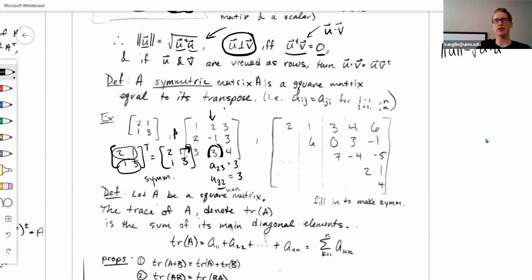When I do this right here, this is the second row, first column. So I need to look at the first row, second column to see what it needs to match. It's this guy. Third row, first column, that's this element. So I should look at the first row, third column, this guy.